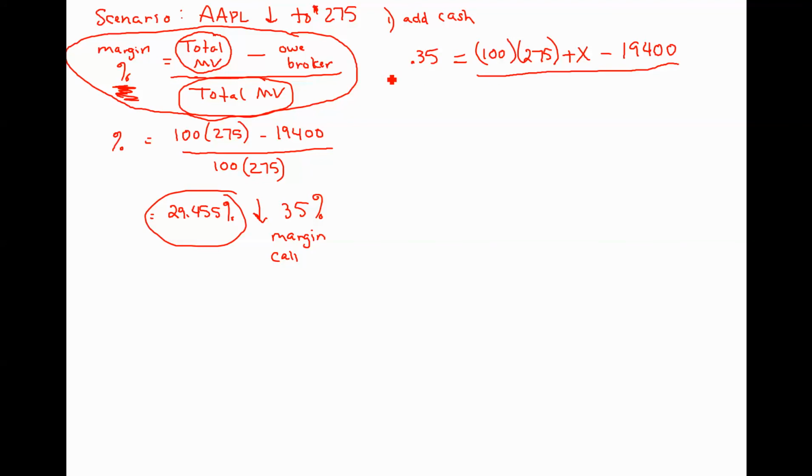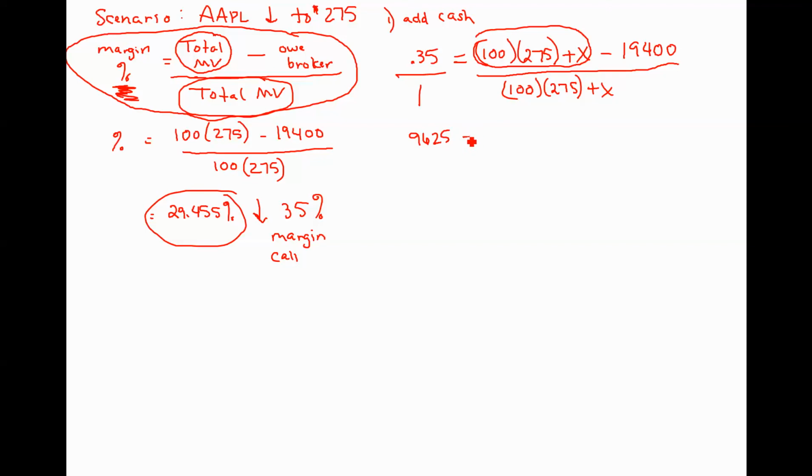And then the denominator will be this portion of the numerator: my shares of Apple at 100 times $275 each, plus the cash that I add. So put the left hand side over 1 and cross multiply. I've crunched this already, so I'm just going to write it out.